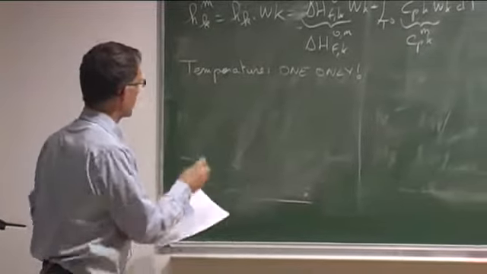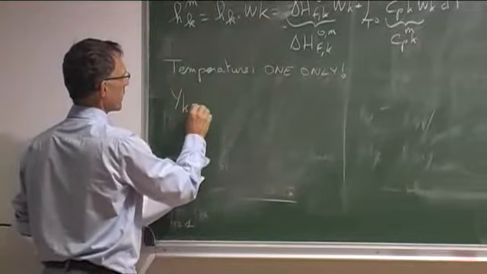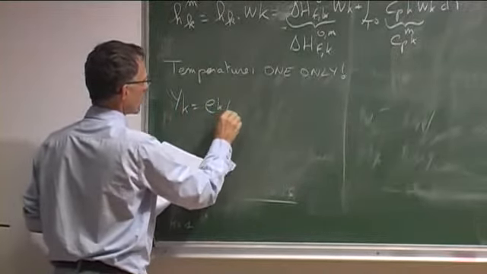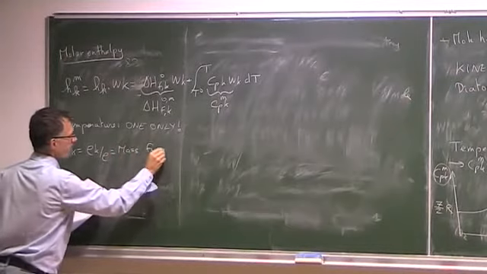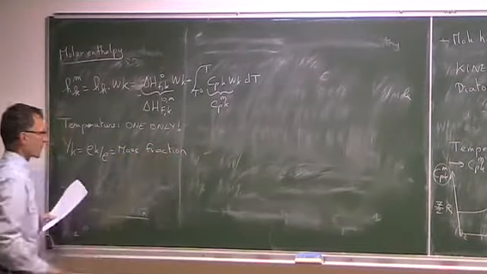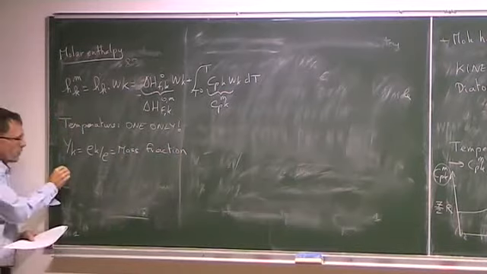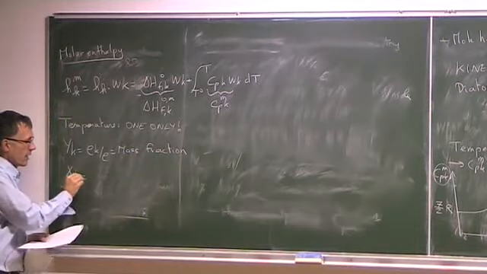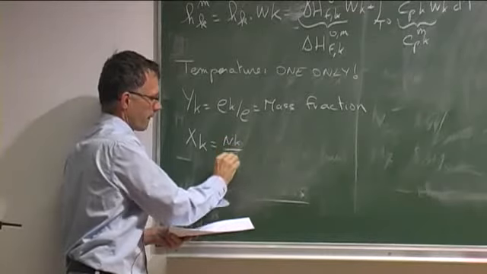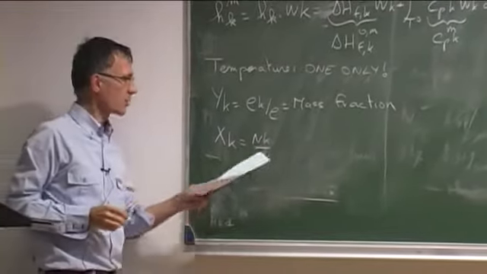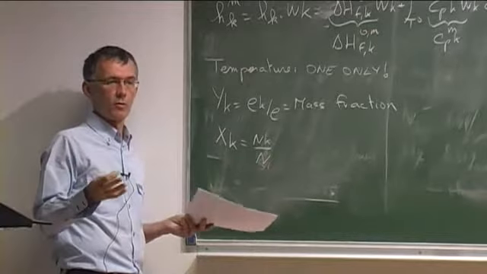The mass fractions I have defined, yk equal rho k divided by rho, is the mass fraction. I also need to define the molar fraction. The molar fraction is how many moles you have of species k, divided by the total number of moles.